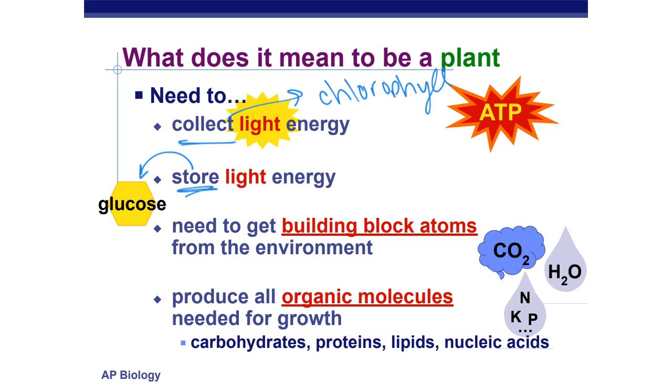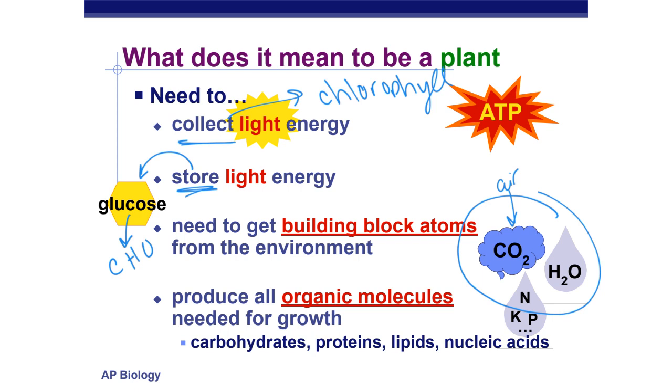It can store that light energy as glucose, or as the sugars, but it's also going to need the building blocks from the environment to make that glucose. Remember, glucose is a sugar, so it's going to contain carbon, hydrogen, and oxygen. So I've got to be able to get those materials from the environment. So carbon dioxide, you can see, is going to come from the air here.